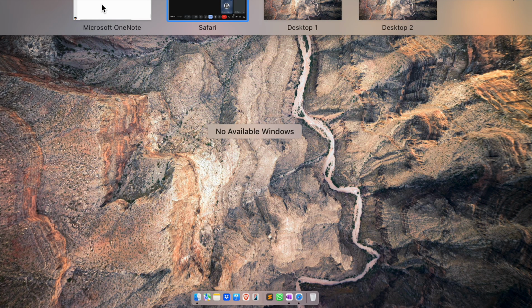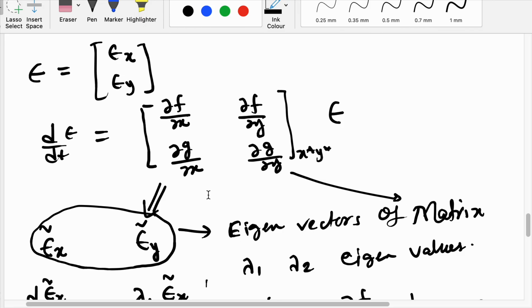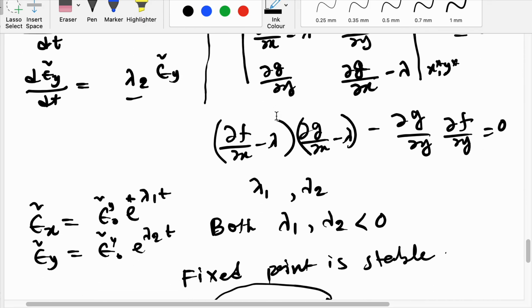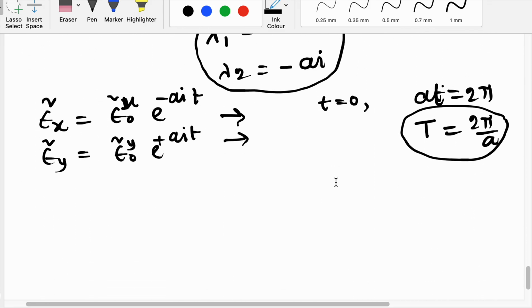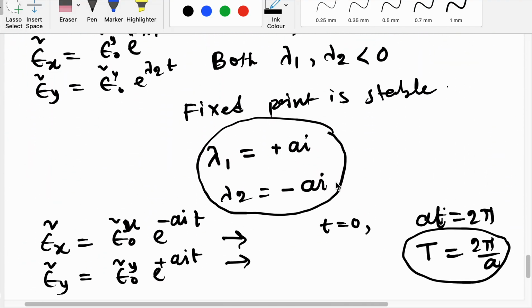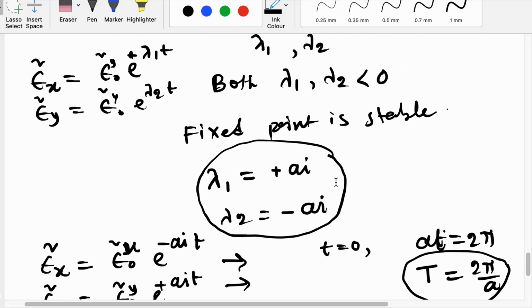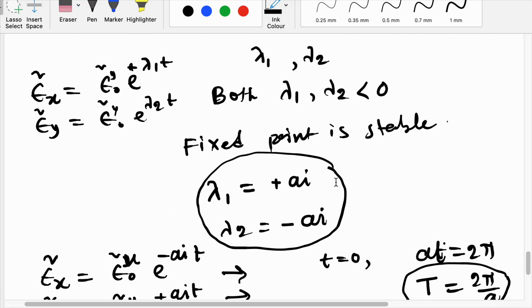So if I have only a two-dimensional space, and I calculate this matrix, and I get my eigenvalues as purely imaginary, then I can say that my system possesses an oscillatory motion. We will see an example of the Lotka-Volterra equation where this oscillation comes automatically, and if the eigenvalue becomes exactly imaginary, it is called neutrally stable.